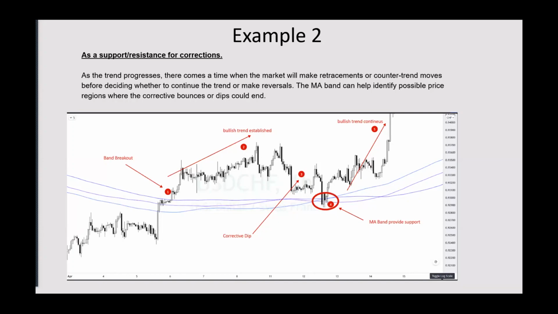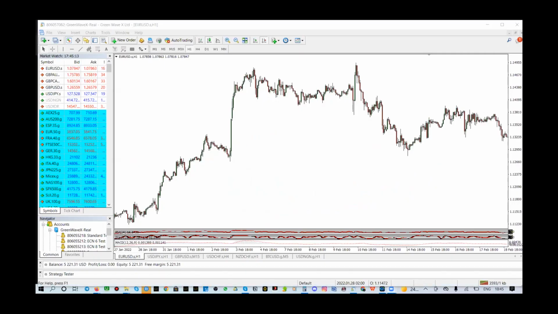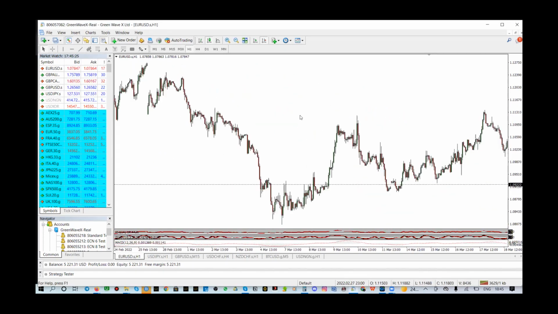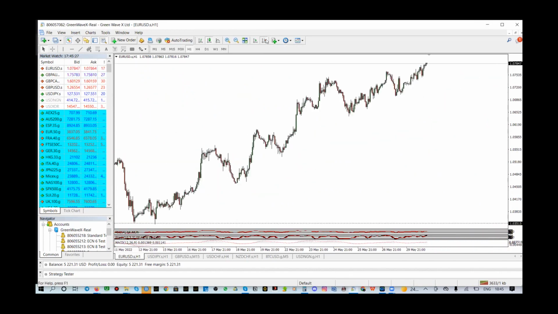Okay, I hope you can see my MetaTrader 4, right? If you can see my MetaTrader 4, please drop a message for me. So this is my MetaTrader 4. I'm on the Euro US dollar currency pair. All right.